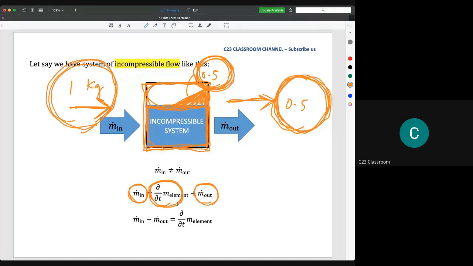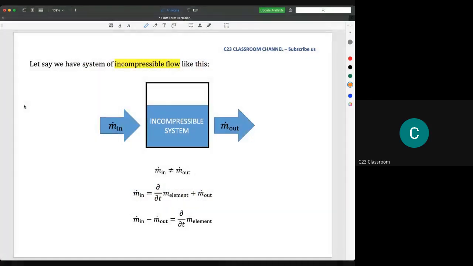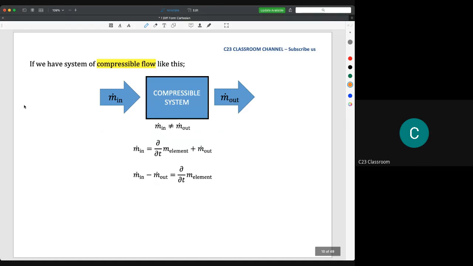So from this idea, we could rearrange the idea becomes m dot in minus m dot out is equal to dm dt. So I hope you could understand this idea.